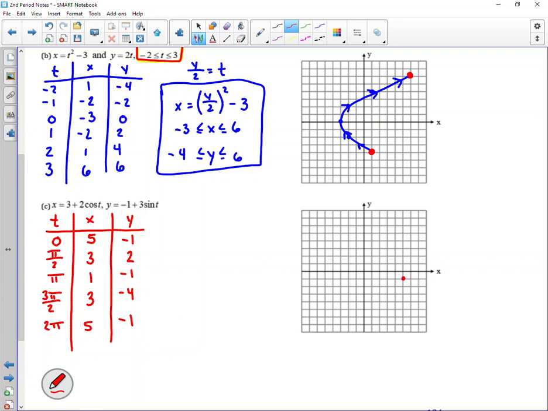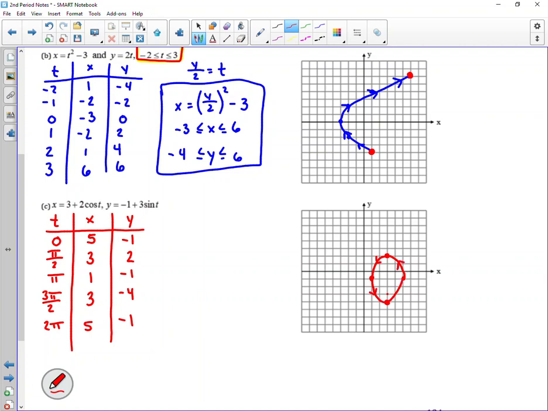Okay, this is our starting point right there. And then we go to 3, 2. And then 1, -1. And then 3, 1, 2, 3, 4, -4. And then back to 5, 1. So we're going around like this.